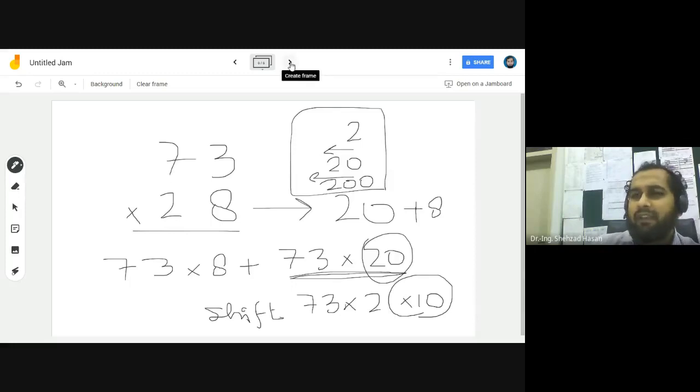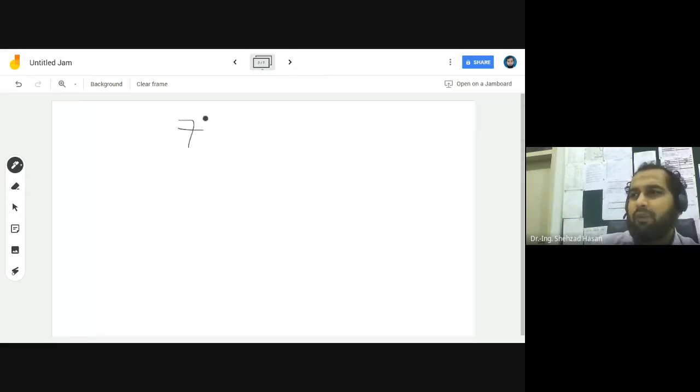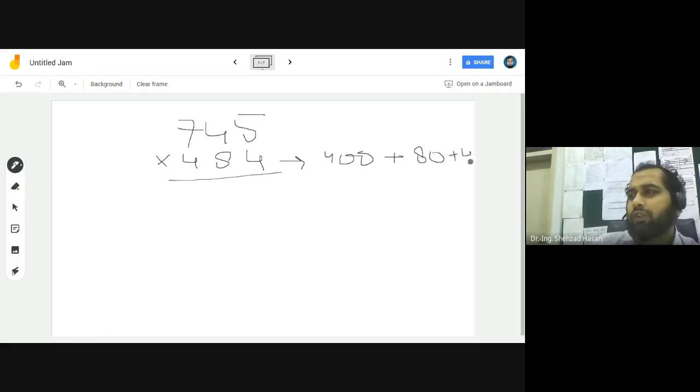And this is also going to work if you have a bigger number, for example, you want to multiply 745 by 484, whatever. Again, the same thing: your multiplier 484 is 400 plus 80 plus 4. So 4 multiplied by 745, whatever the result is, comes over here.